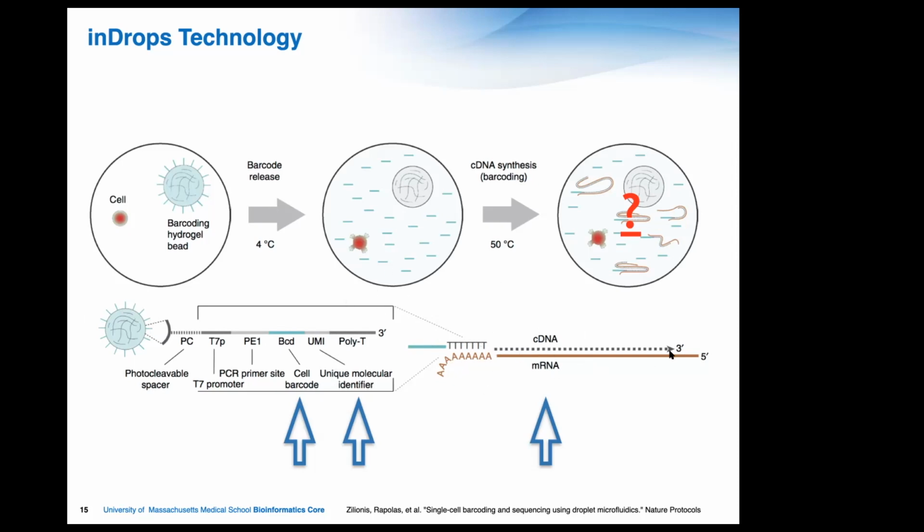So when you reverse transcribe your mRNA transcript to cDNA, now you have a single piece of DNA here up the top that has this cell barcode, a UMI, and the actual transcript that you're after. And it's those three pieces of information that you keep track of when you sequence and process the data in order to build out your gene expression matrix.